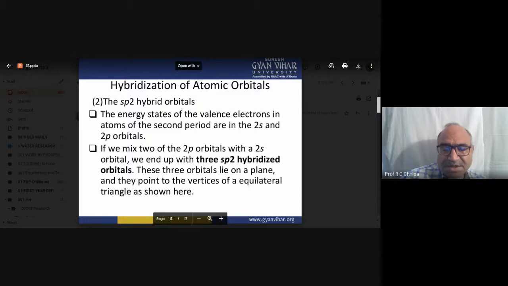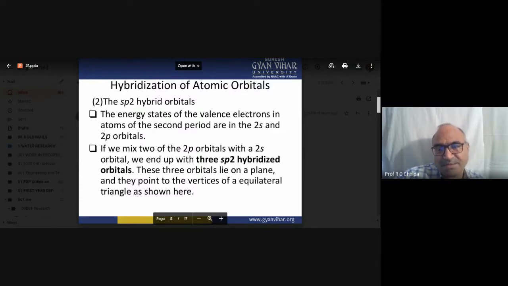In the case of another element, boron, as in BCl3 and BF3, all of you know about electron configuration. Boron's atomic number is 5, so 5 electrons are arranged in different atomic orbitals. The electronic configuration is 1s2, 2s2, and 2px1.